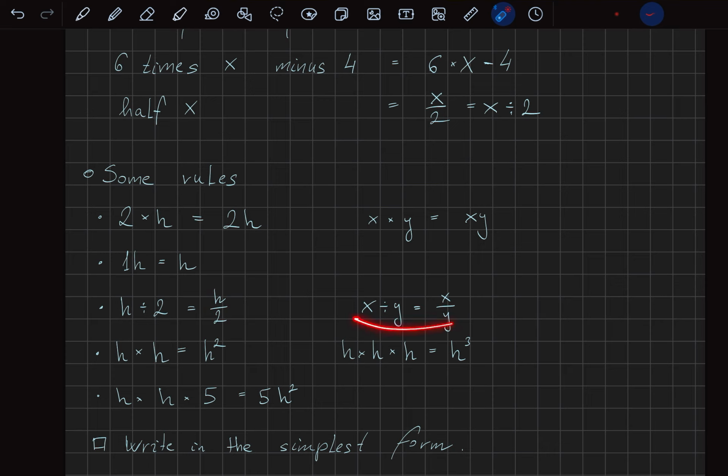We know this is the same. Also, we learn this too: h times h is h squared, or h cubed if you multiply again. We combine them, so h times 5 times h squared is 5h squared. Okay, this really just makes things faster and easier.